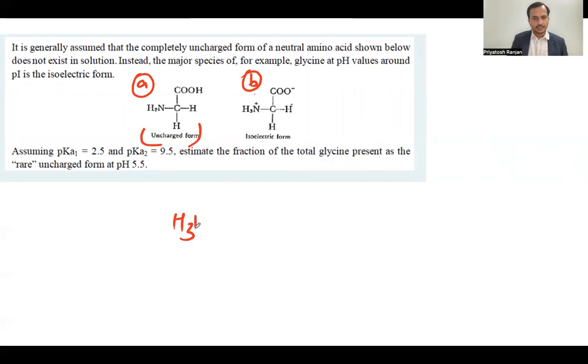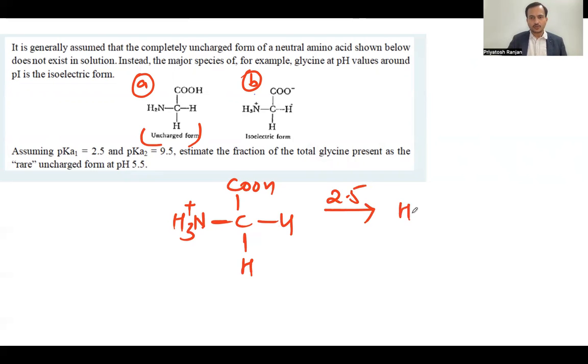So if you draw the structure of glycine at a very, very low pH, we are going to have this structure. If I go beyond the pK value, which is 2.5, what I will get is the isoelectric species. Remember, the earlier one is carrying +1 charge.